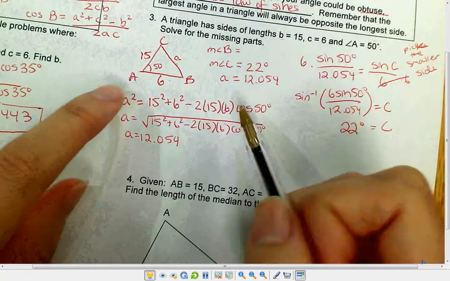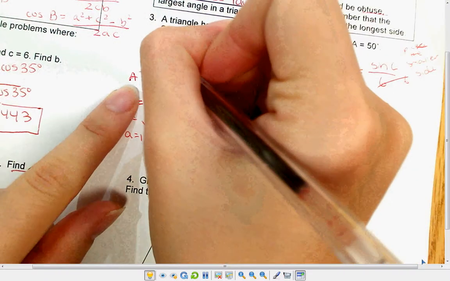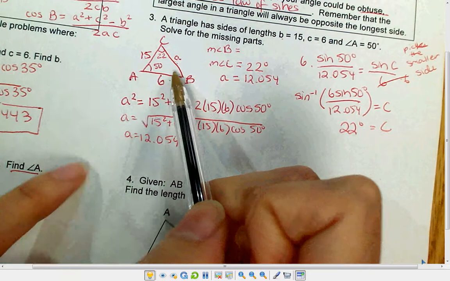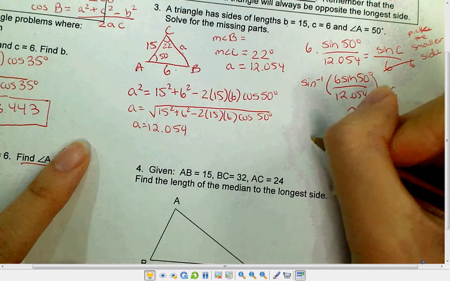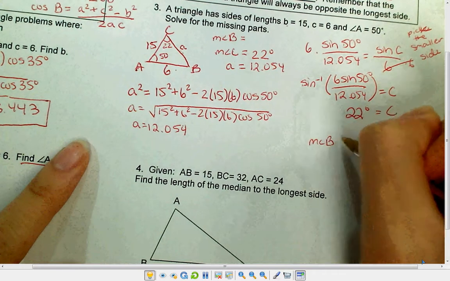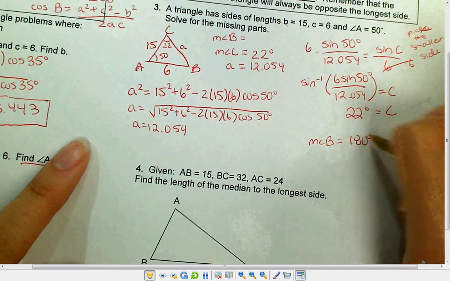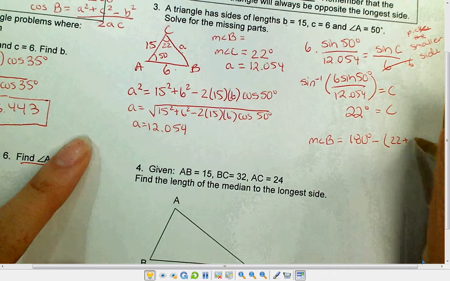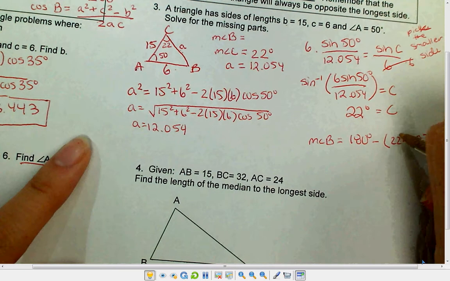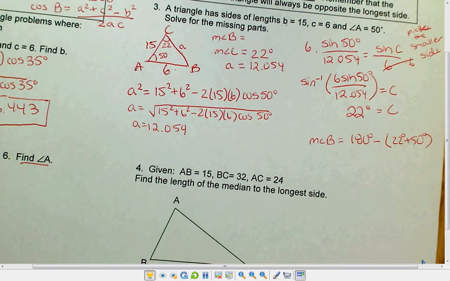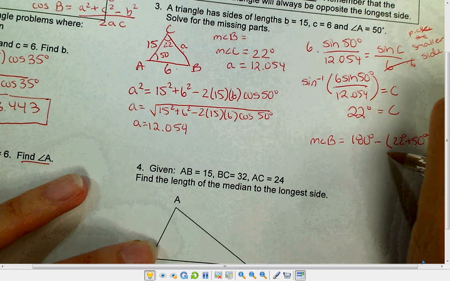And now we actually have two angles. This is 22. So it's going to be really easy for us to find our last missing piece because angle B is just 180 degrees minus the other two angles. So 22 plus 50 is 72.